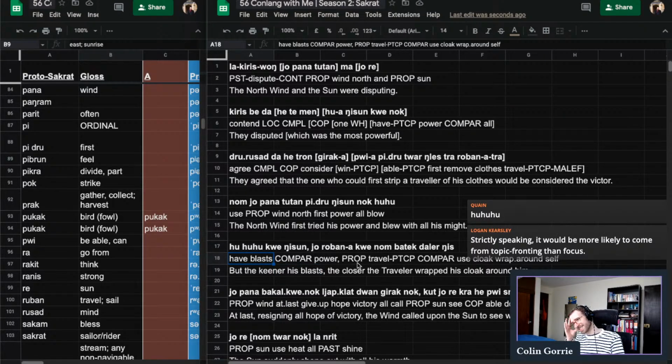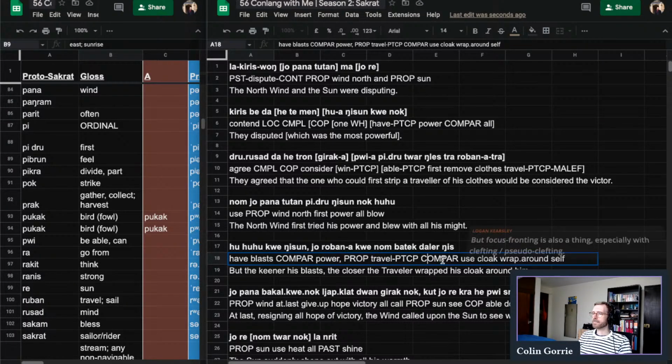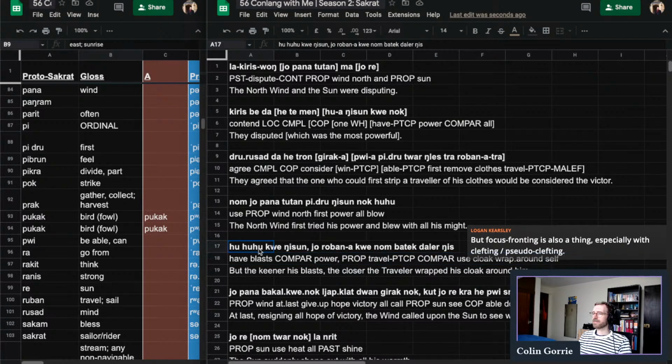So have blasts, had the blasts more power. Oh, this glossing is terrible. Go back in time, someone, and tell past me to write this a bit more clearly, because I don't remember what. Oh, prop is proper name. Okay. Colin, why do you do the things you do? So then I have to take nom and raise that as well.